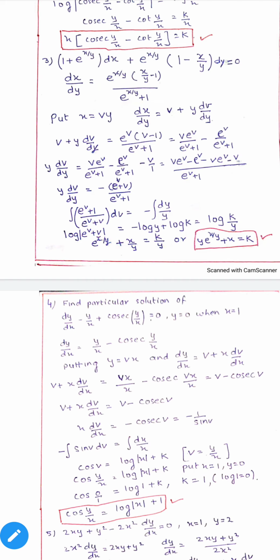This becomes log(k/y). So log and log get cancelled out. We are left with e^v + v = k/y. In place of v we put x/y. We get e^(x/y) + x/y = k/y. Answer is y e^(x/y) + x = k.